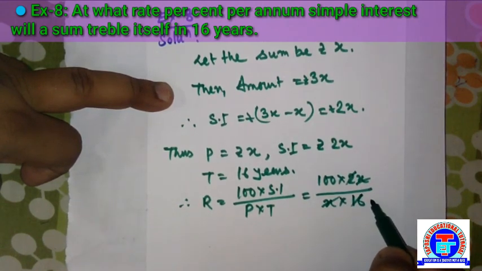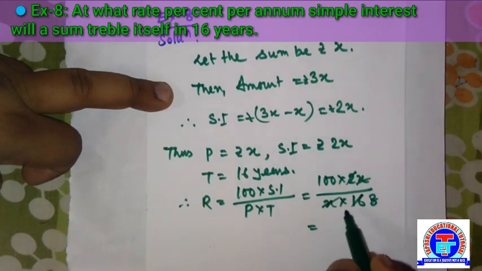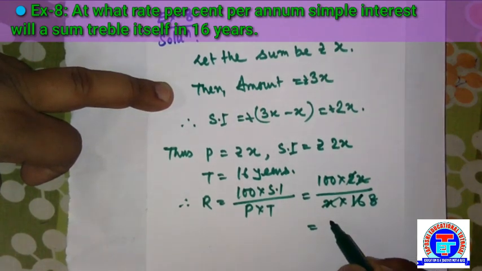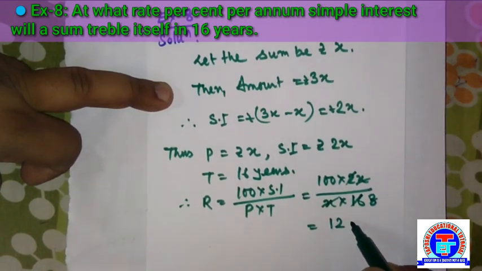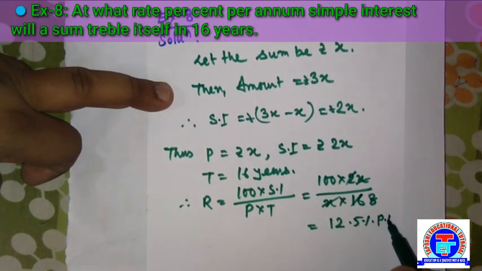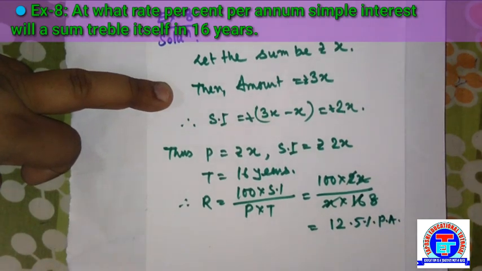x cancel, this one 8. That means it will come 12.5% per annum. 12.5% per annum, correct?